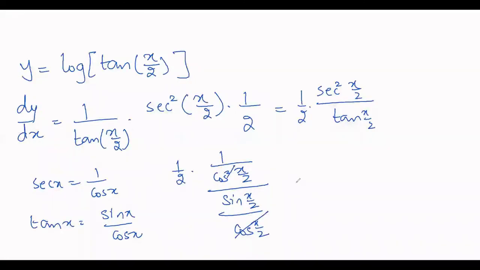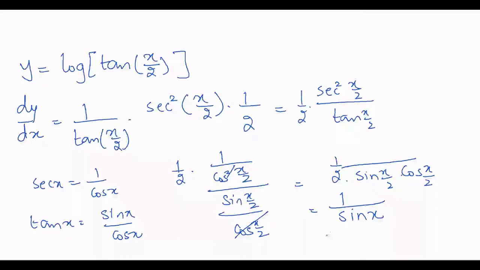So this results in 1/2, and then we have sin x by 2 into cos x by 2. Now this is nothing but the half angle formula. We know sin 2 theta is 2 sin theta cos theta. So I can write this as 1 by sin x. So the answer is cosecant x. Okay, so now let me clear this.